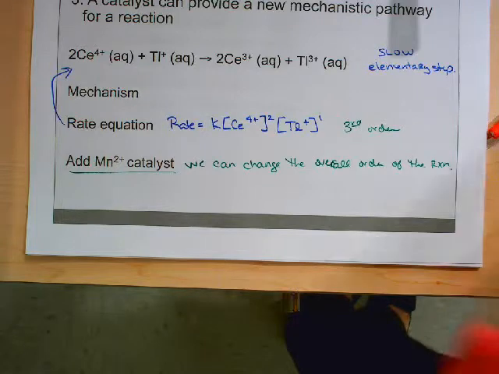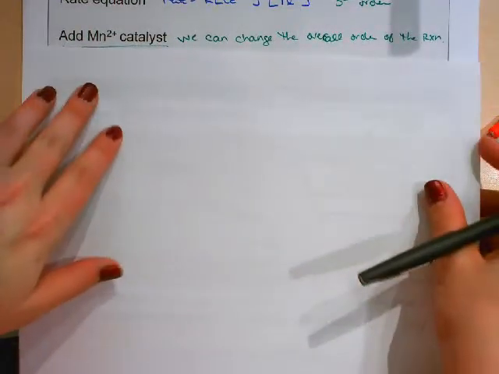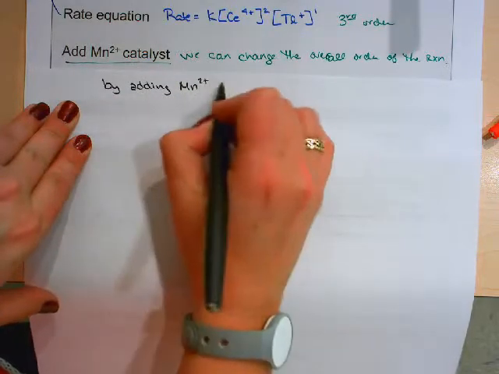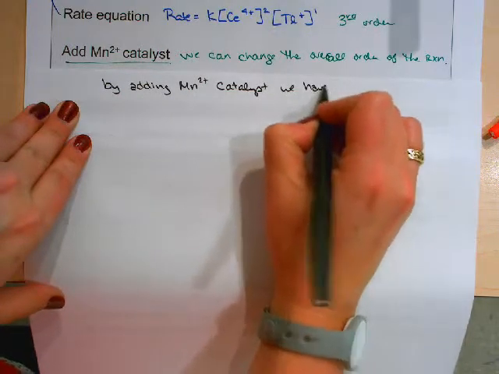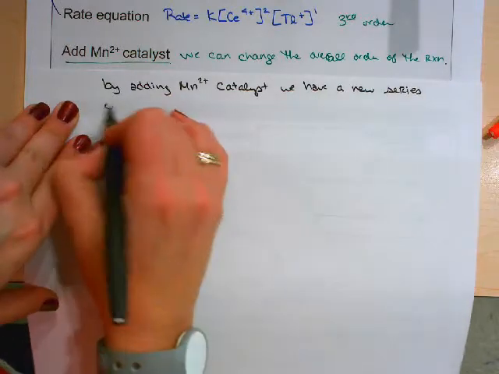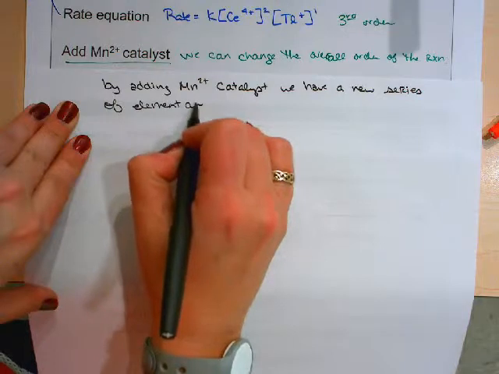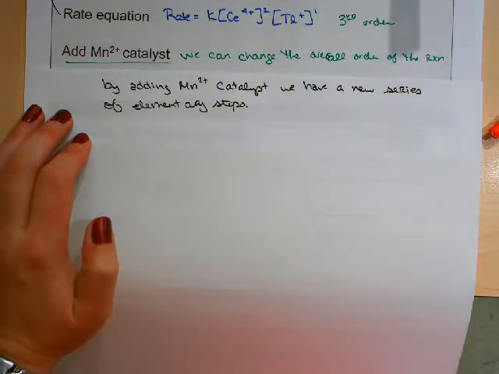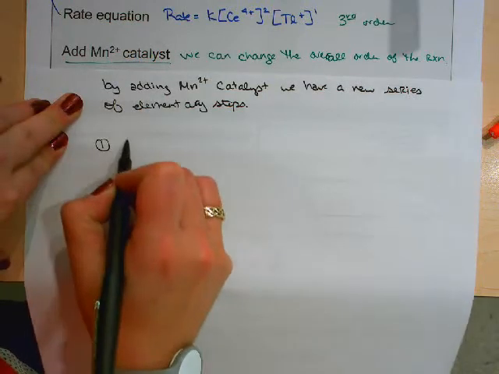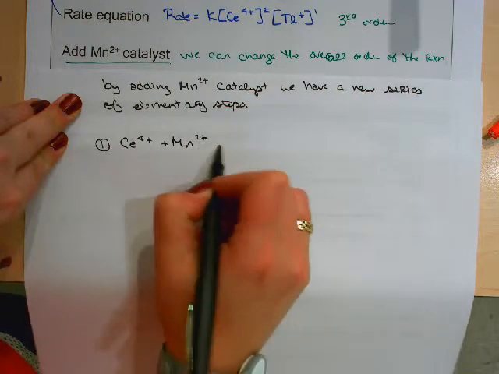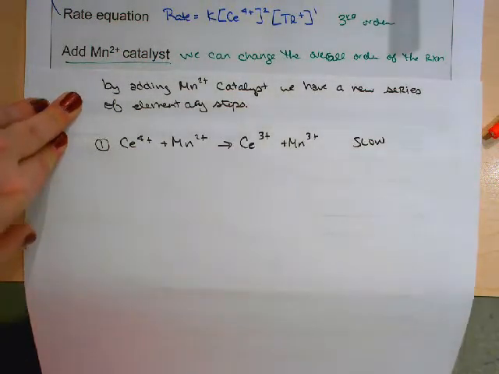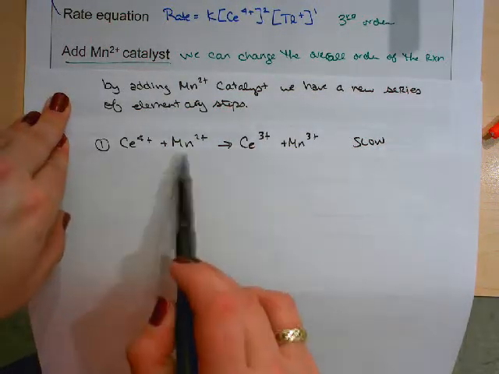So, let's say, alright, so by adding this manganese 2 plus catalyst, we'll have a new series of elementary steps. Alright, so now we have just one cesium reacting with the manganese.